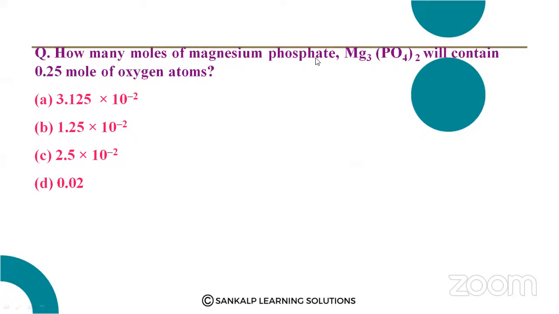Okay, the next question. How many moles of magnesium phosphate, that is Mg3(PO4)2, will contain 0.25 mole of oxygen atoms?